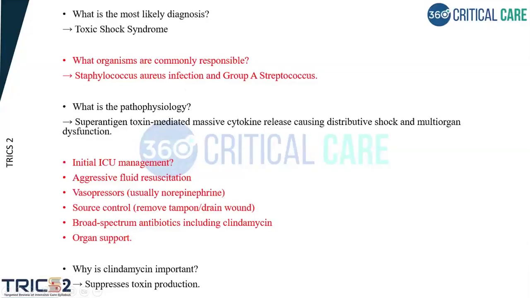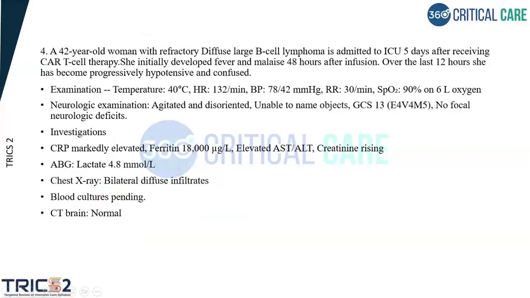Because when you go to the pathophysiology here, it is a toxin mediated cytokine release that is happening in TSS. So that is the reason for the toxin suppression. Along with the antibiotics which act on staphylococcus and streptococcus, you should add clindamycin for toxin suppression.